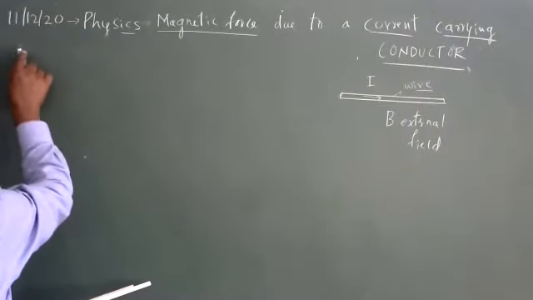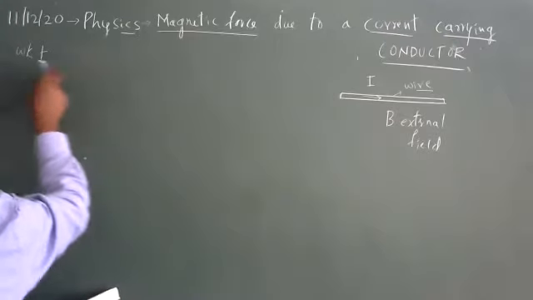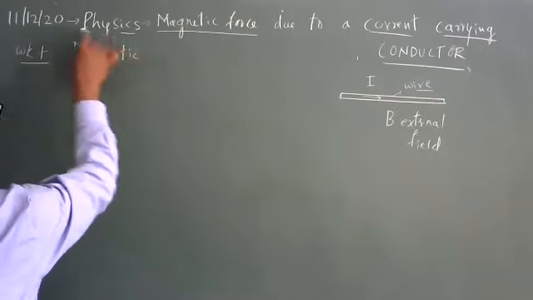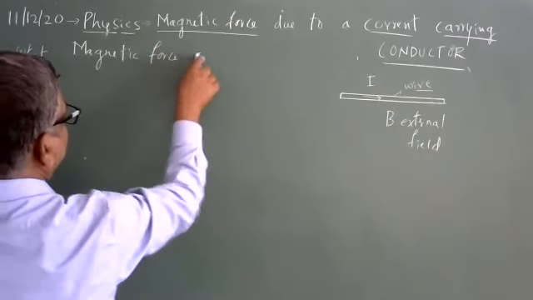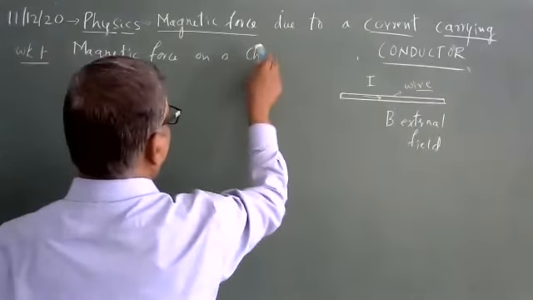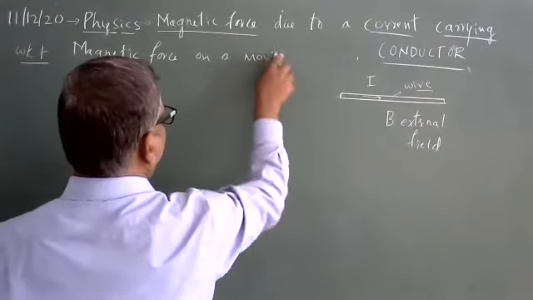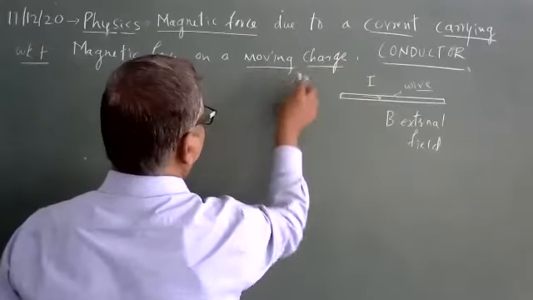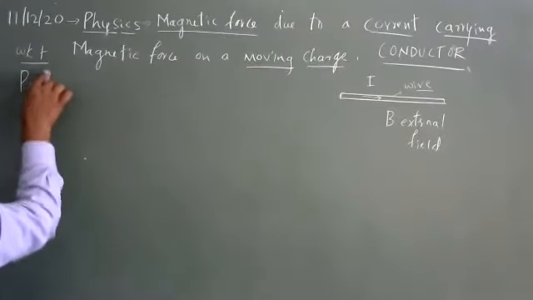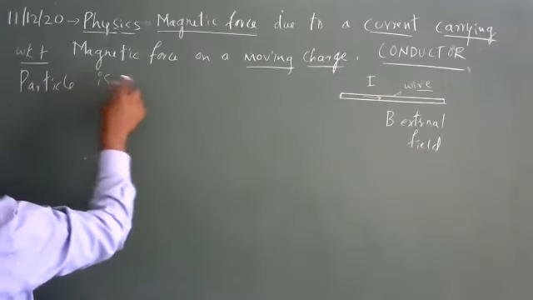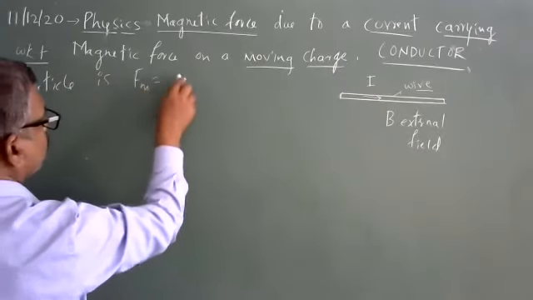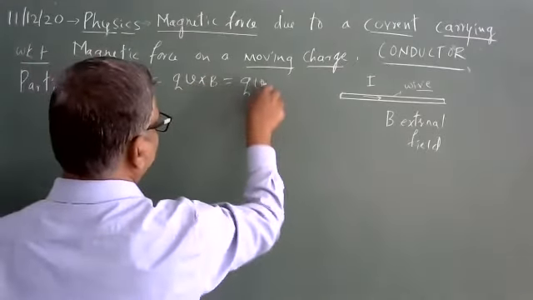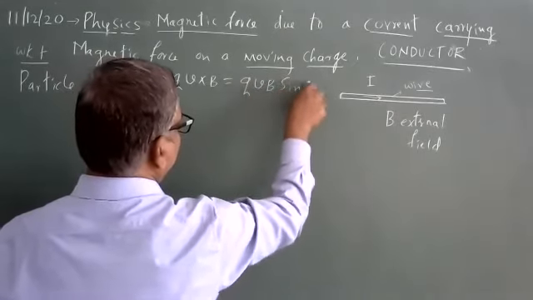Let me start. We know that the magnetic force on a moving charged particle is Fm equal to Q V cross B, and this is nothing but Q V B sine of theta n vector.